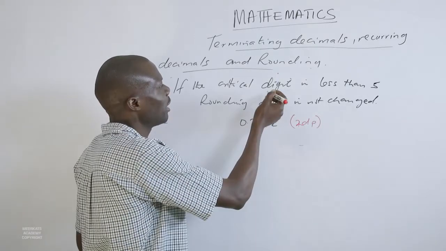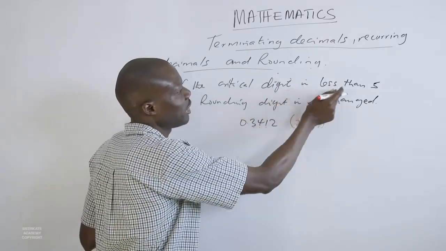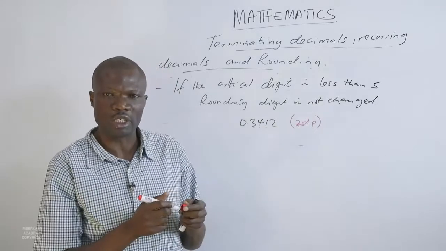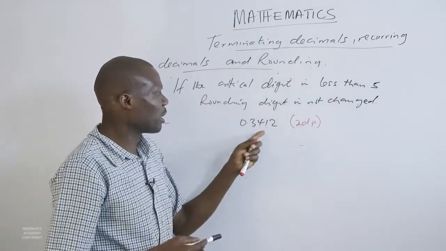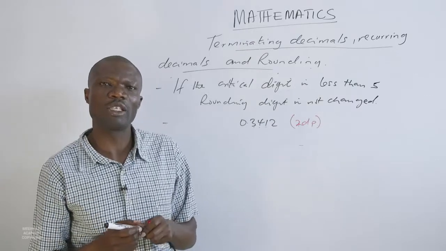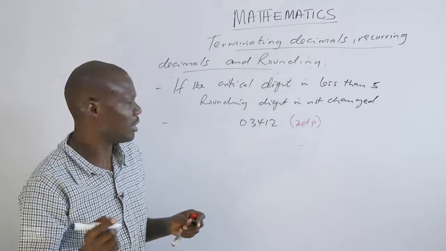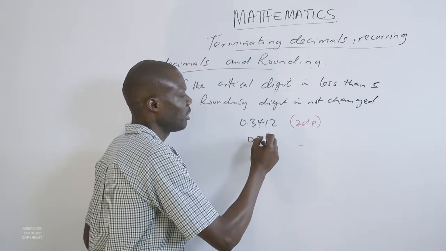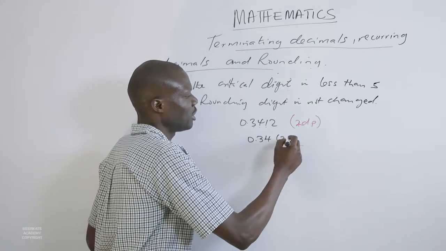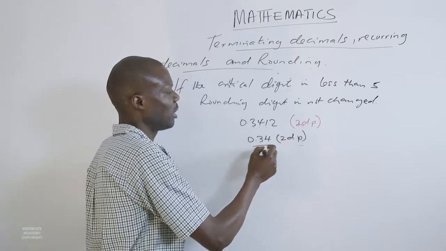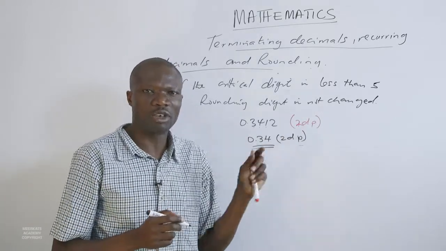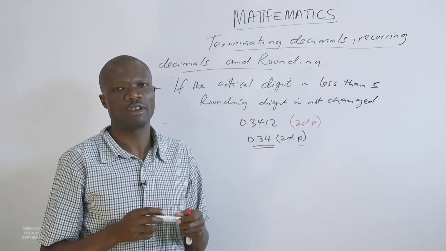So if the critical digit is less than 5, then the rounding digit is not changed. Here, the critical digit is 1. 1 is less than what? Than 5. Therefore, we shall have 0.34 correct to 2 decimal places as our answer, because it will not change, as the critical digit was less than 5.